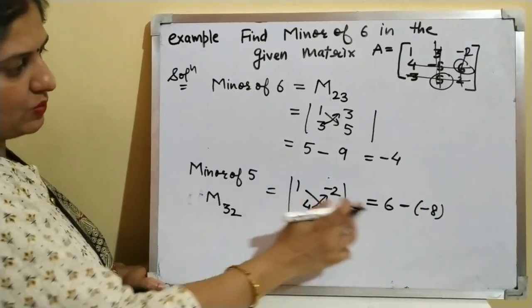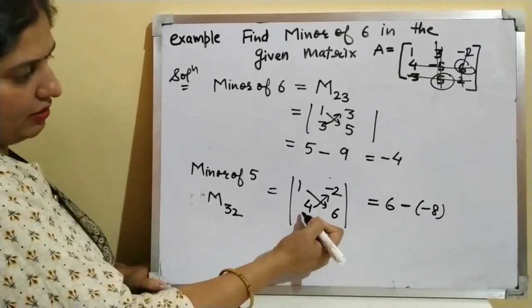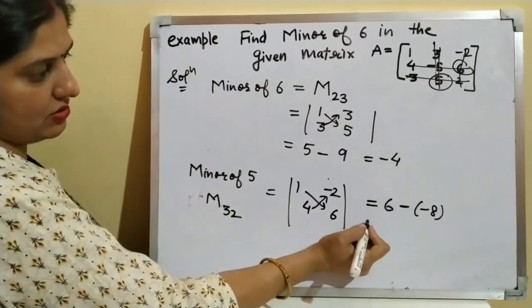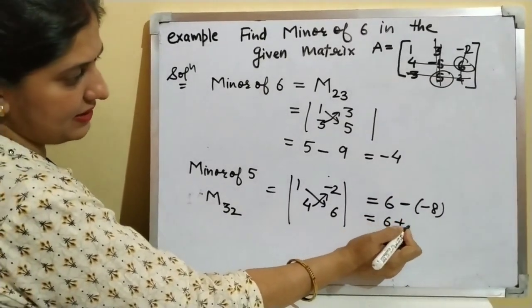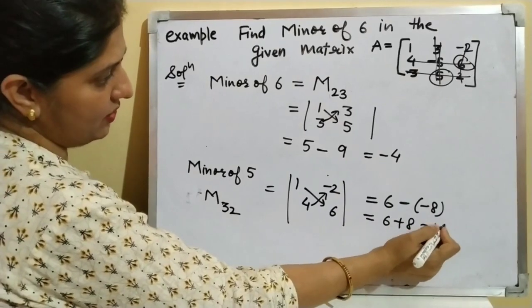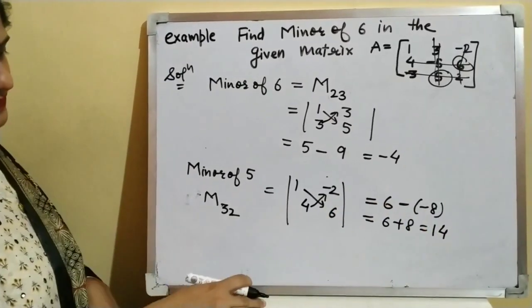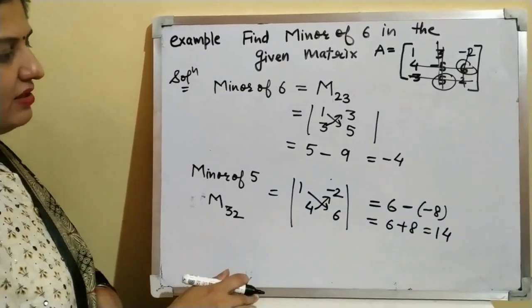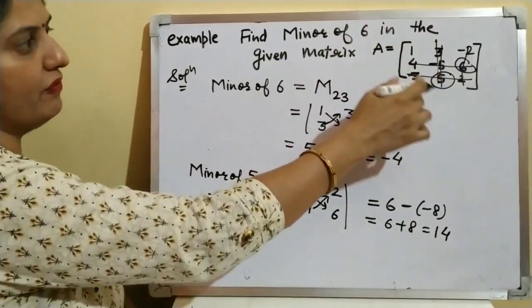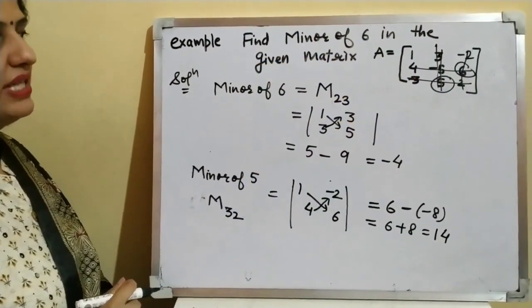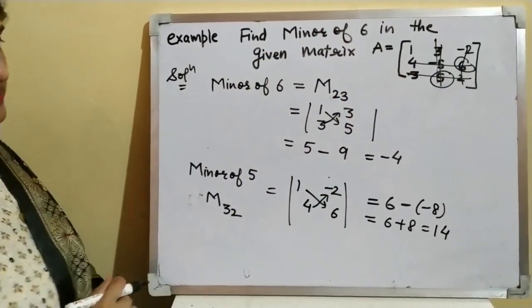So we get 6 into 1 is 6, minus 4 into -2 is -8. We get 6 plus 8, which is 14. In this way, we can find the minor of any element of the given matrix A.